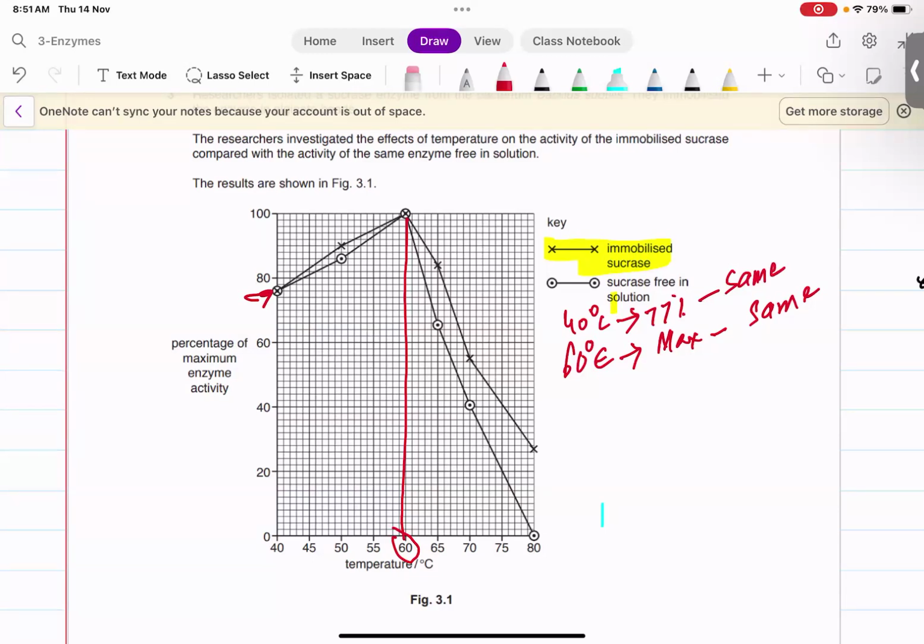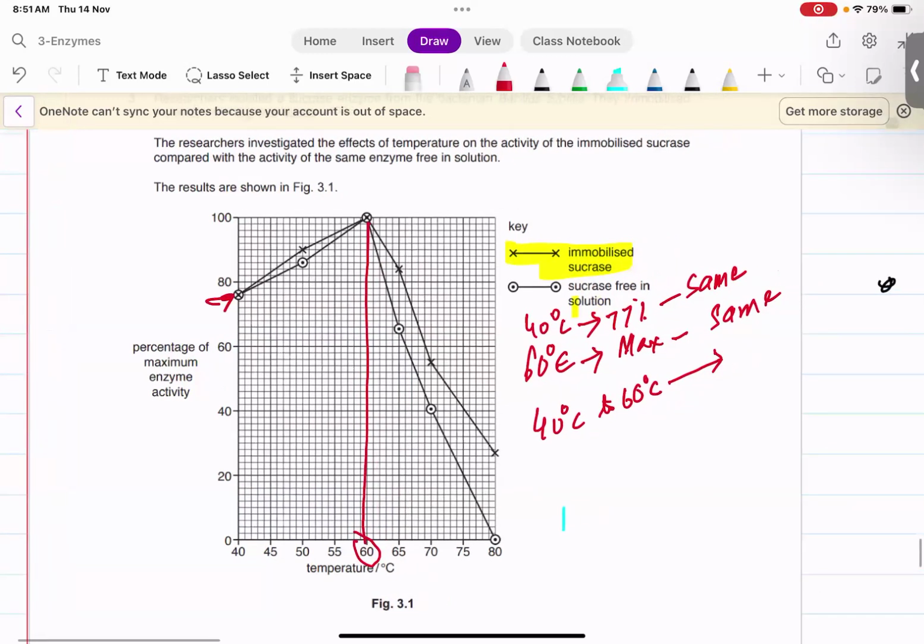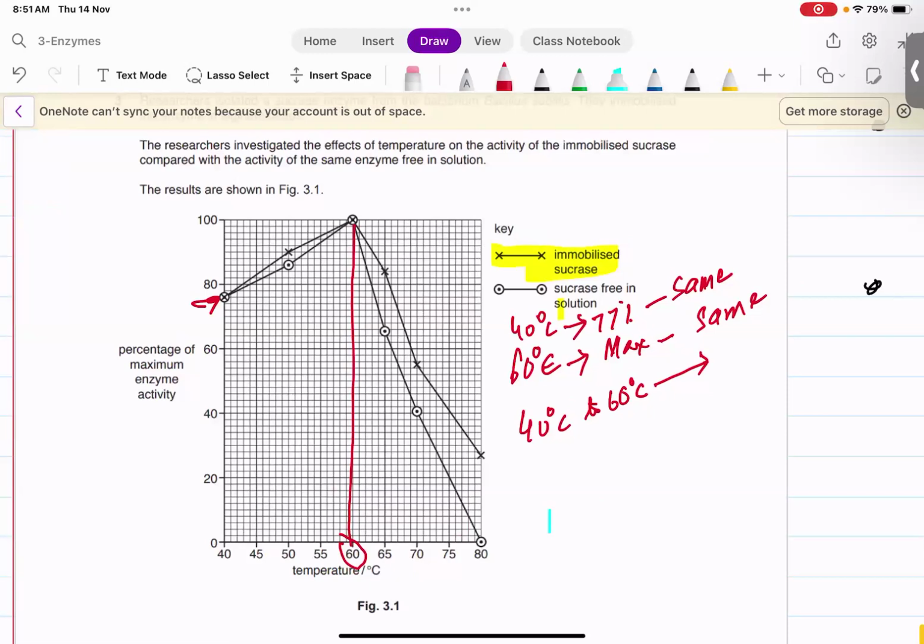However, from 40 degrees Celsius to 60 degrees Celsius, the percent activity of immobilized sucrase is higher.